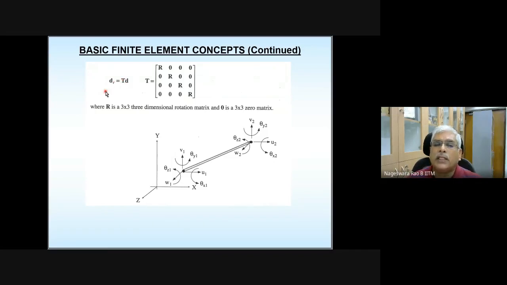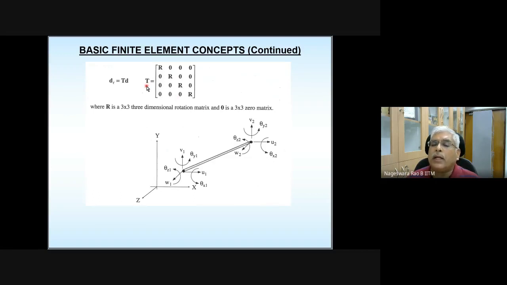This equation is going to be the same, except that the dimension of D is going to be different here, and T is 12 by 12. You can see here T is 12 by 12. R is here 3 by 3. So you can see 3 by 3, 3 by 3, 3 by 3, 3 by 3. So 12 by 12. And it's going to be a diagonal matrix. Diagonal in the sense that it's going to be a banded kind of thing. Okay.